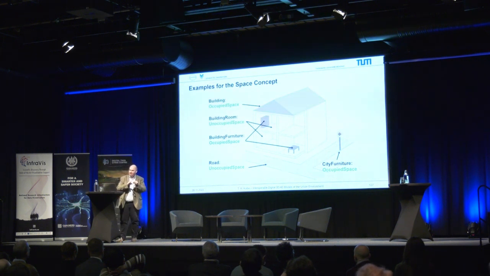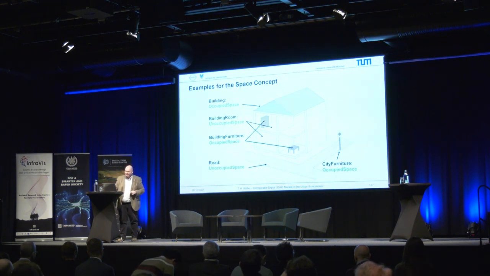But of course, if you have a closer look, you see the building might have rooms. Or typically buildings have rooms. So that means there are unoccupied spaces inside the occupied one. And then, even inside the room, you may have furniture, and the furniture again is occupied space. So you can also have this kind of nesting between occupied and unoccupied spaces.